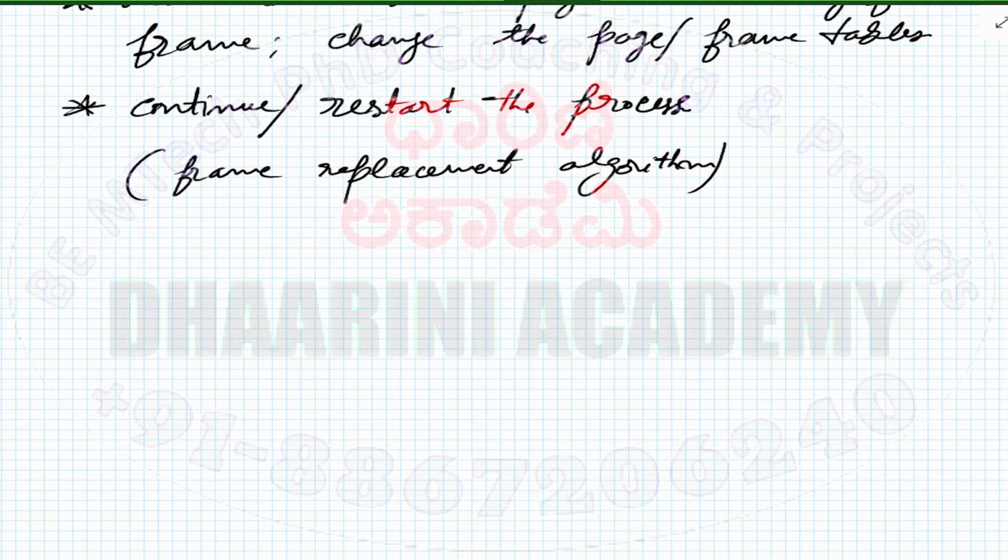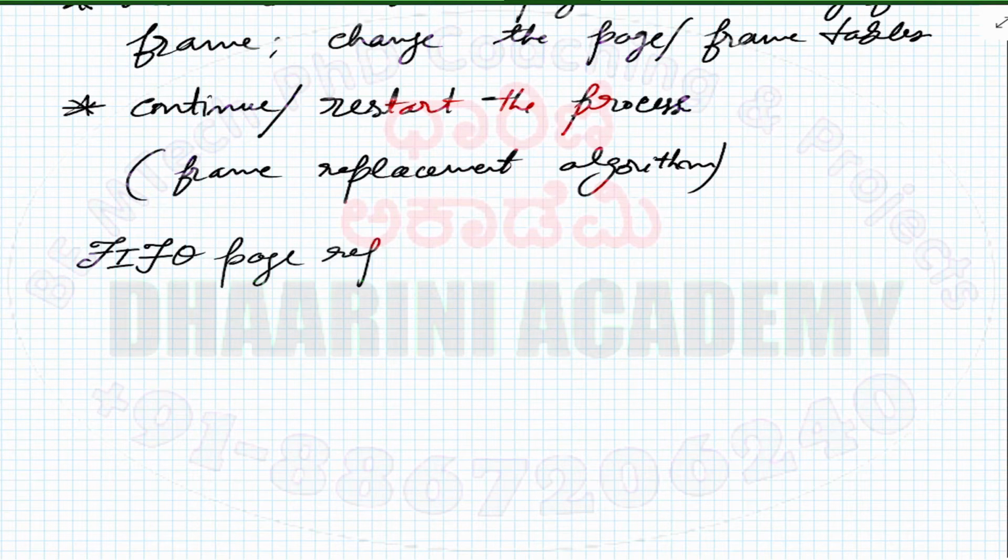All right, now let's go to the concept. We need to check a few page replacement algorithms now. The first one which we are going to study is called FIFO, first in first out page replacement.